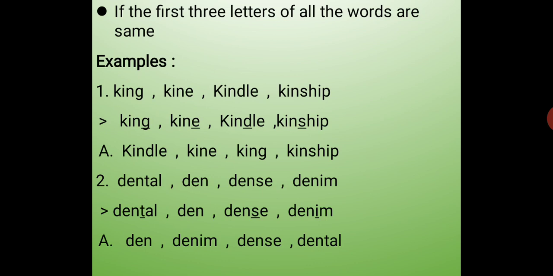I hope you understand this topic properly. Now I will give a hint of the lesson. Whenever you arrange words in alphabetical order, you have to compare the words by the first, second, third and fourth letters.